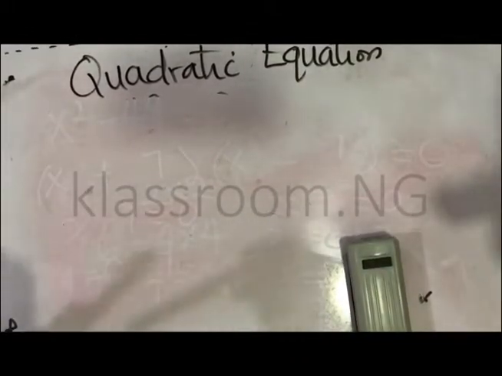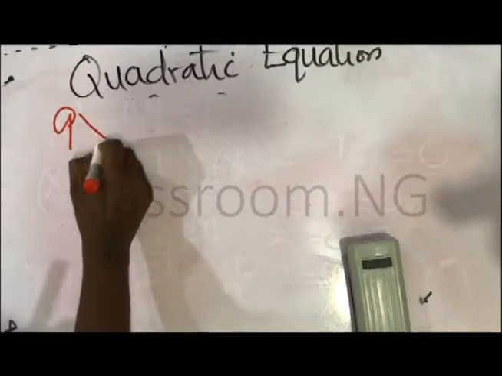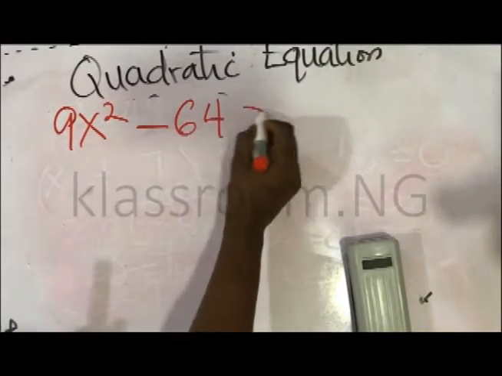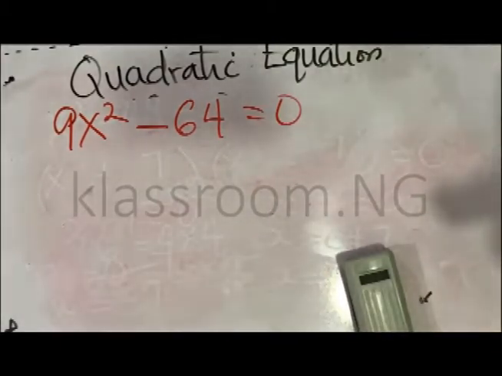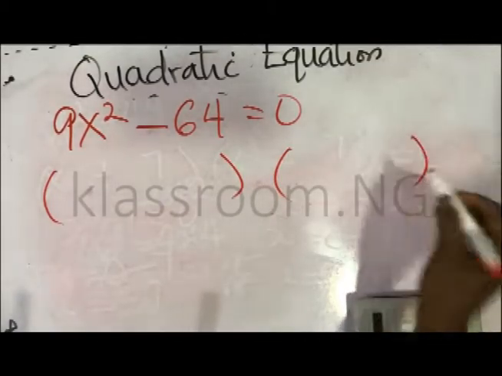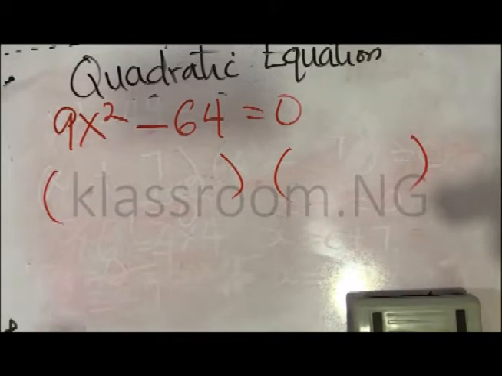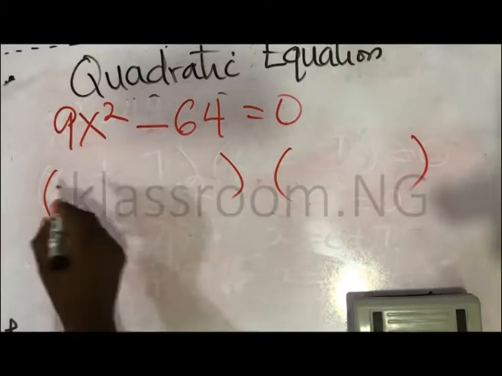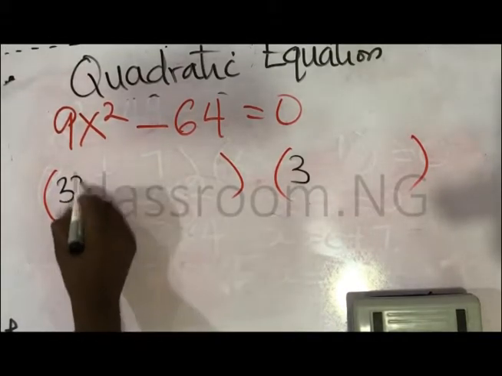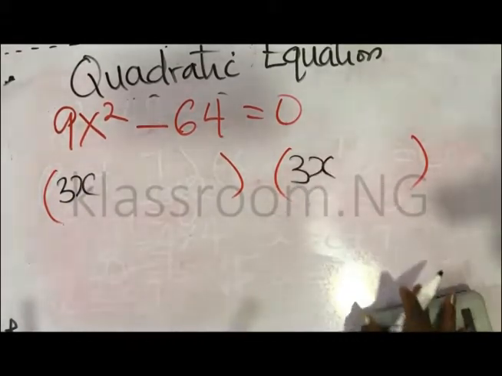So we have 9x raised to power 2 minus 64 equals 0. We're still applying the same perfect square to solve this. So we'll have a bracket. Now, 9 is a perfect square and 64 is a perfect square. What do we need to multiply to give us 9? We have 3 and we also have 3. We have the x squared, so we have x and we have x.